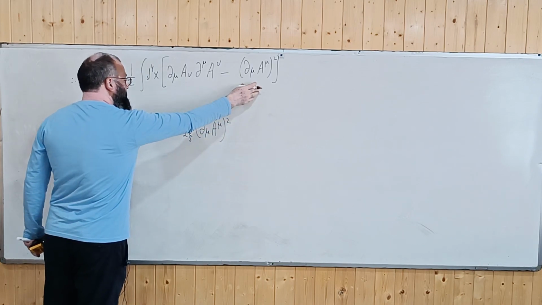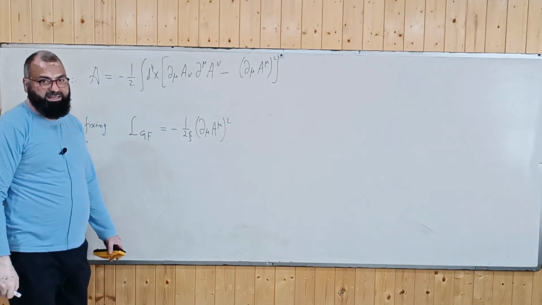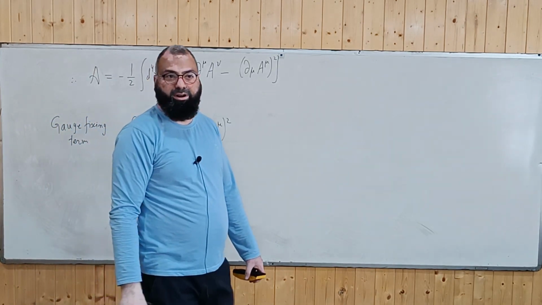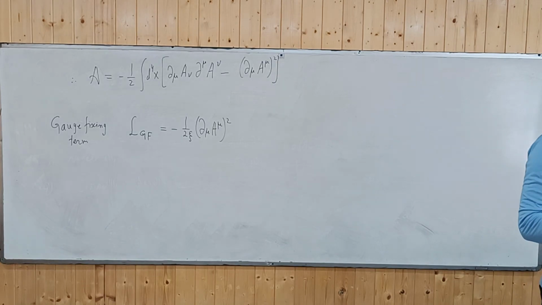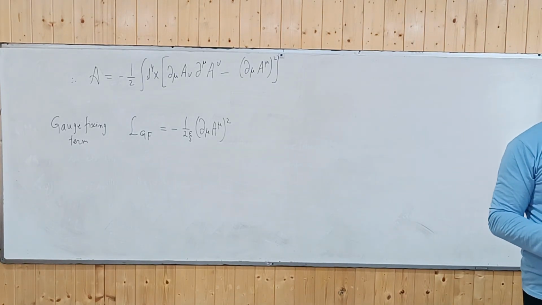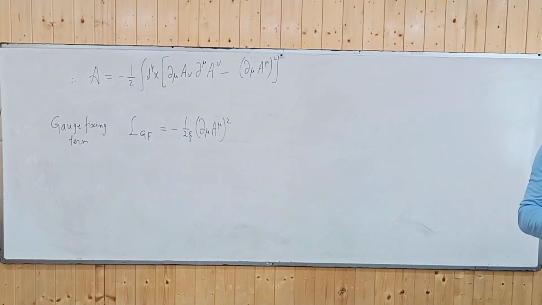This very term has a factor zeta. We call zeta the gauge parameter. Now tell me what I am doing. I am keeping a term which fixes my Lagrangian.